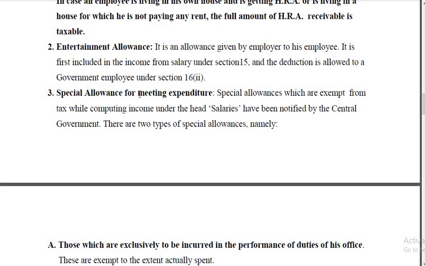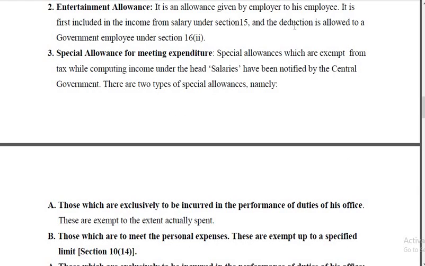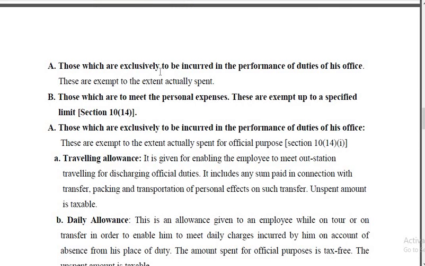Next, third one is special allowances for meeting expenditure. Special allowances which are exempt from tax while computing income under the head salaries have been notified by the central government. There are two types of special allowances, namely those which are to be incurred exclusively on the performance of duties of his office.